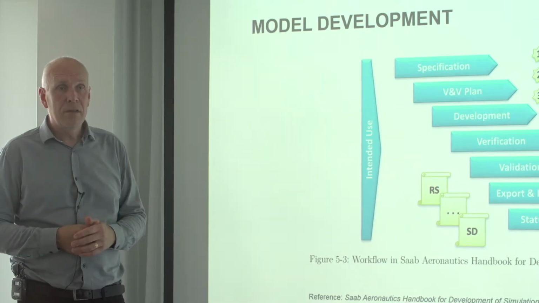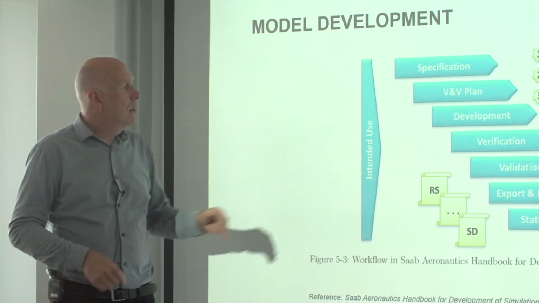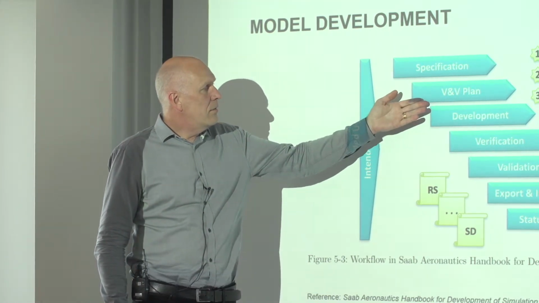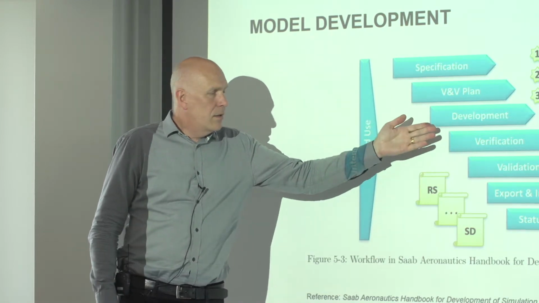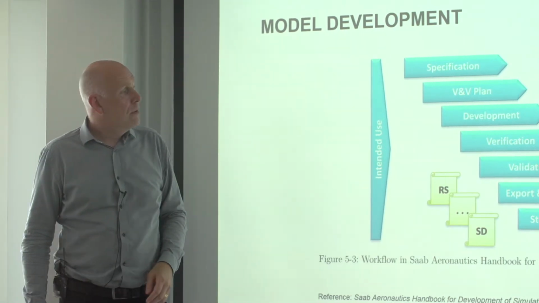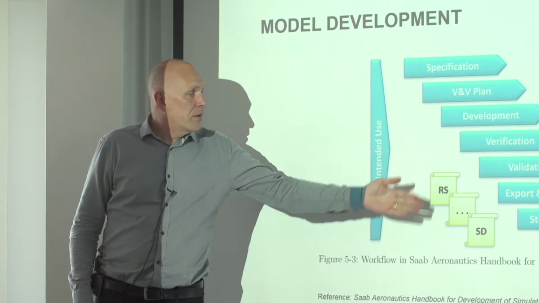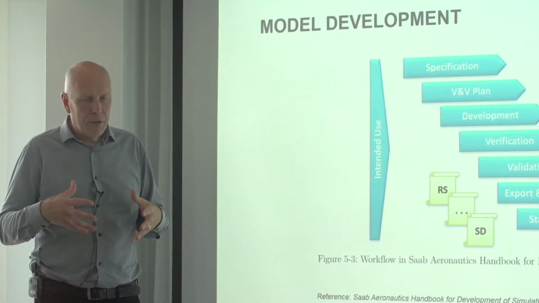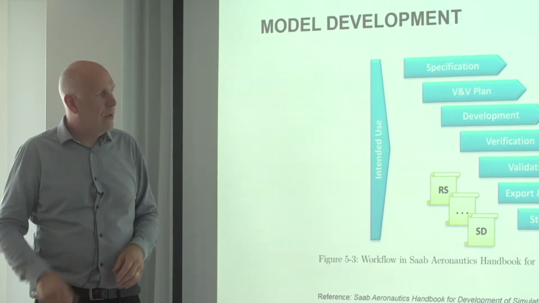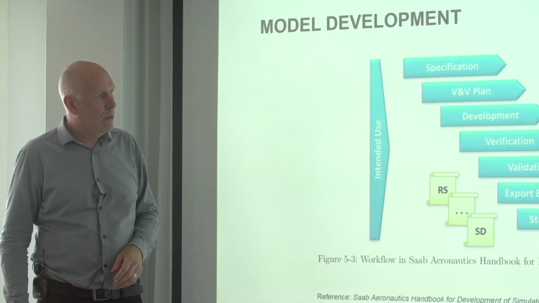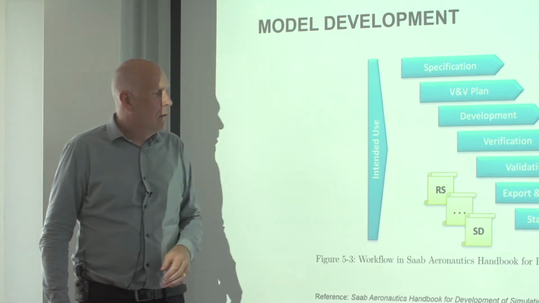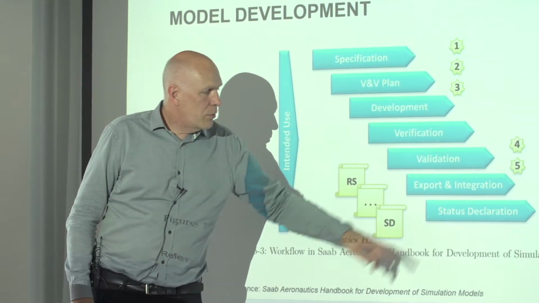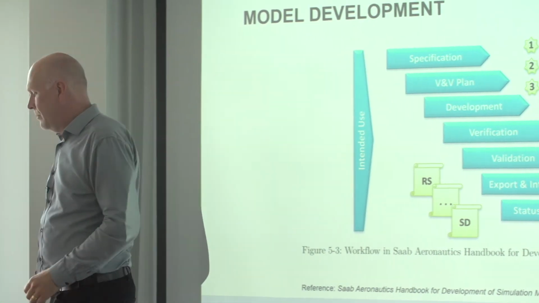How much detail do we need? And then we have the specification, the verification and validation planning, the development of the model itself, design, verification, validation, and then we do export and have the interfaces according to our framework to be able to integrate in the simulator. And then something very important also is the status declaration.